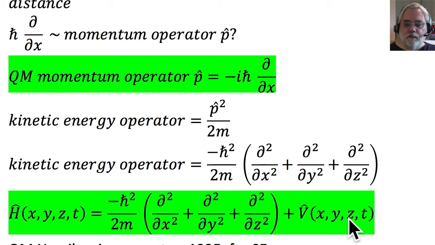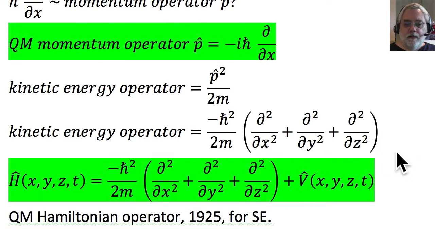We're not going to put in specific problem functions for the potential energy today. So now that we have a Hamiltonian operator, let's go back. The Hamiltonian operator was included in Schrödinger's 1925 paper about Schrödinger's wave mechanics.